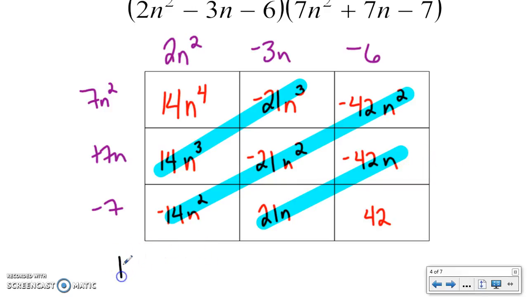So we're going to go ahead and combine those together to get our final answer. So my 14n to the 4th comes straight down. And 14 and negative 21 is negative 7n to the 3rd. And then negative 14 and negative 21 and negative 42, so negative 35, negative 42 is negative 77.